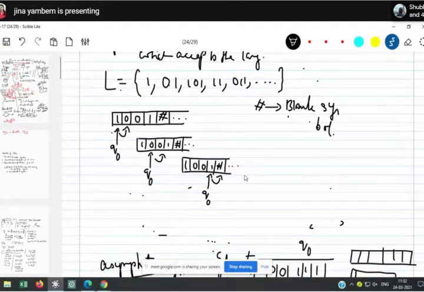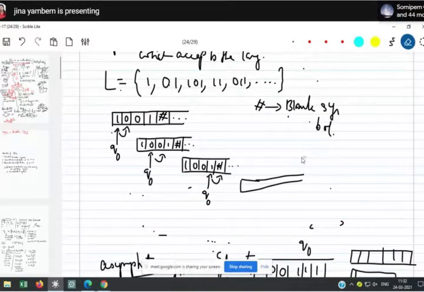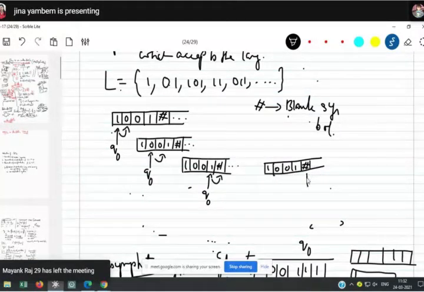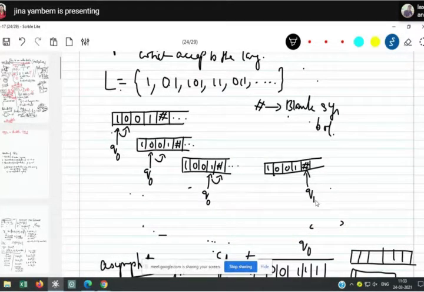Now, after this, if you find hash, when I find hash, I'm changing the state to Q1.